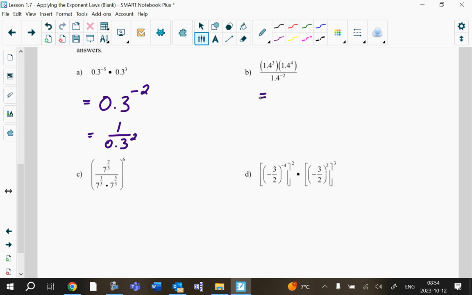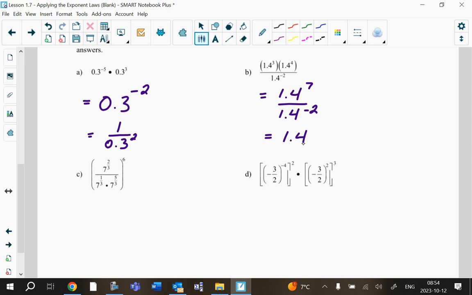So what is 1.4 to the third times 1.4 to the fourth? 1.4 to the seventh. We add the exponents. And we still have to divide 1.4 to the negative second.